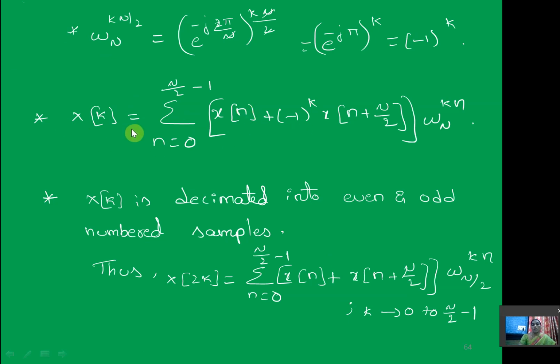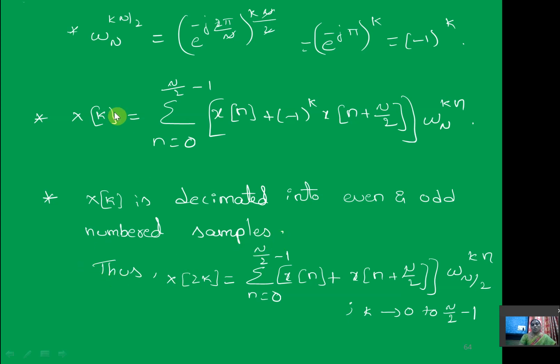That means X of k is equal to summation n = 0 to N by 2 minus 1, x of n plus minus 1 whole power k x of n plus N by 2, W_N power kn. So now here X of k is decimated into even and odd number samples.